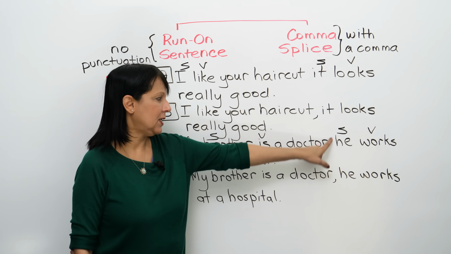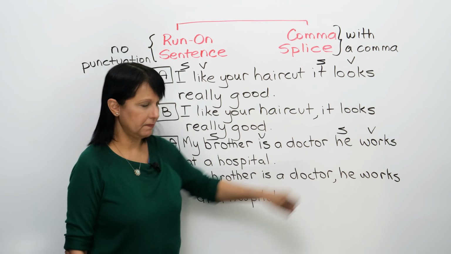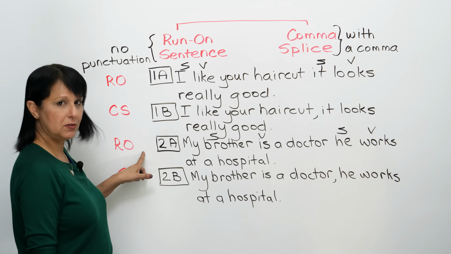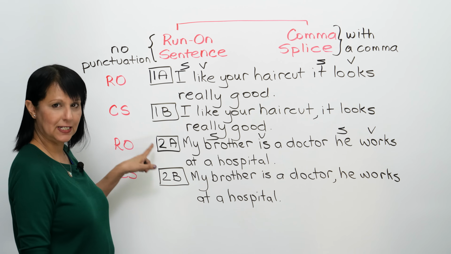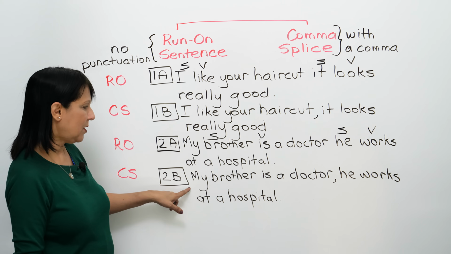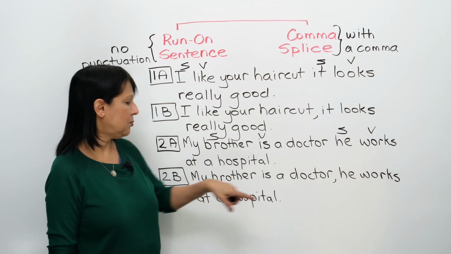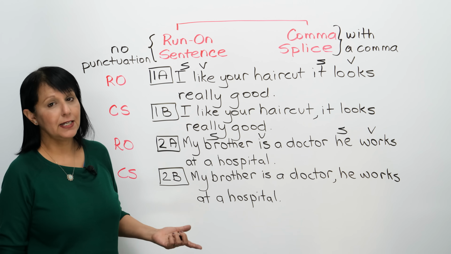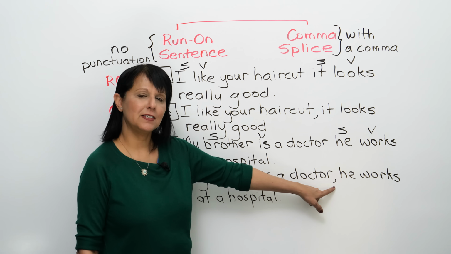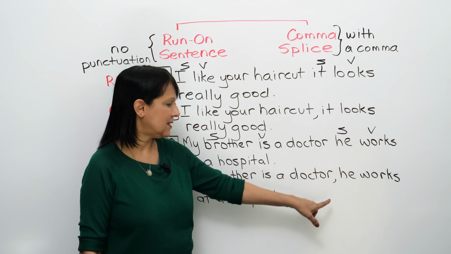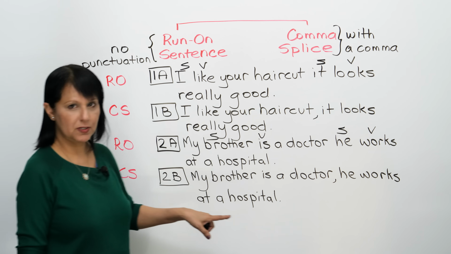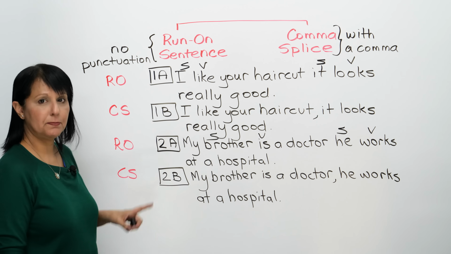And really, we needed some kind of break here. And the same thing here. So this was an example of a run-on sentence, right? And this one, my brother is a doctor, comma, he works at a hospital. But again, we cannot join these two sentences with a comma. So this was a mistake called a comma splice.